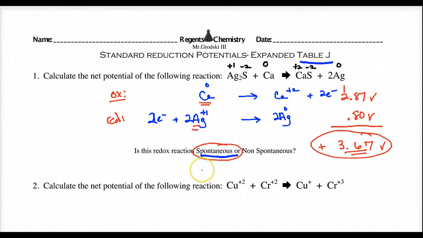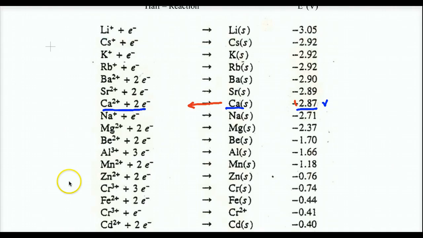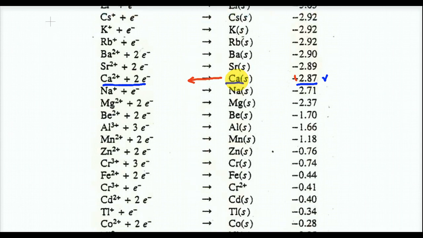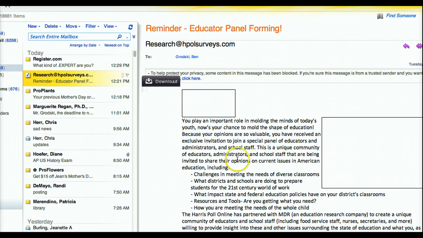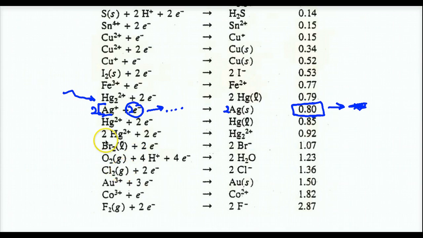Now, I could have done all of that without doing voltages, in terms of just figuring out if it's spontaneous or not. If I go back to the same table, I notice that my calcium is oxidizing, and that my silver plus is way down here, and is getting reduced.